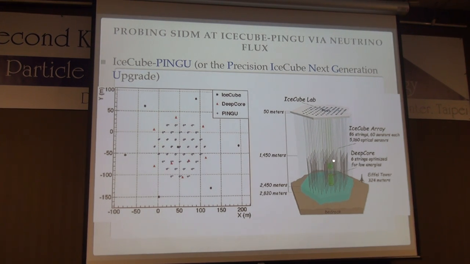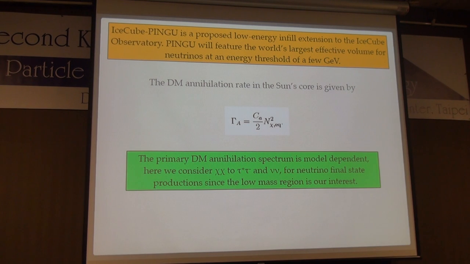And PINGU is the smaller-size region inside here. So this is IceCube, this is DeepCore, and PINGU is here. So you can imagine with a smaller size, you are sensitive to smaller energies. So PINGU is sensitive to dark matter mass around 1 to 10 GeV. That's our interesting region.